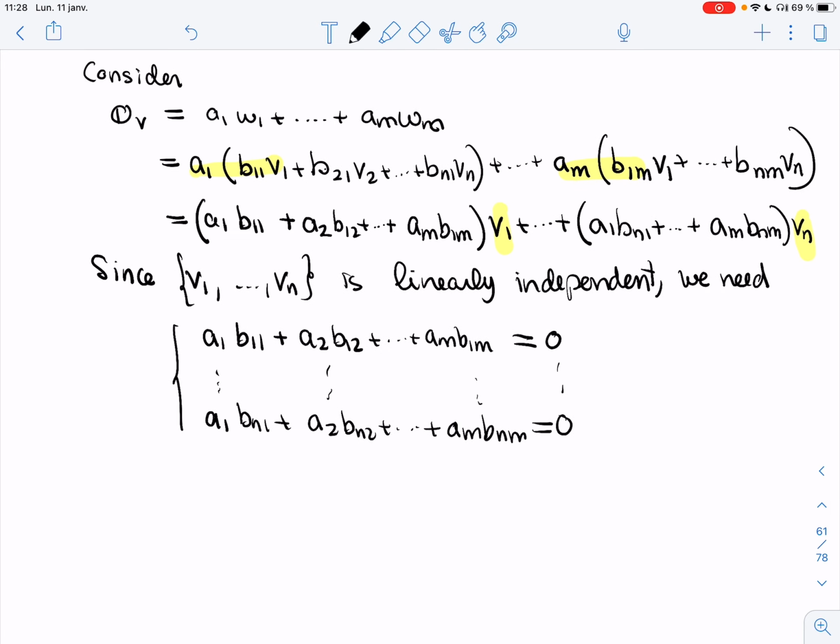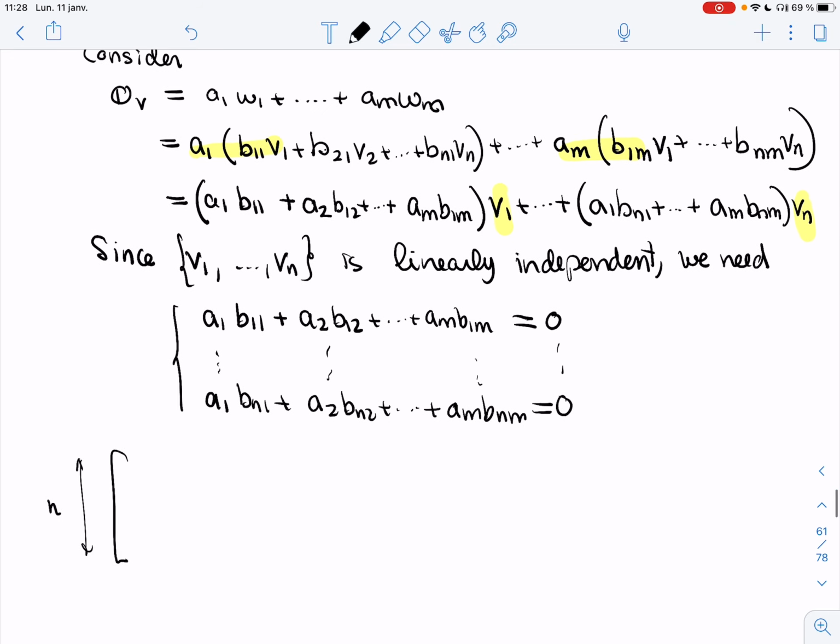All right, so these are all real numbers now, so I'm getting a linear system in A1 through AM. So I'm getting a linear system that has n rows and m columns in terms of A1, A2, AM.